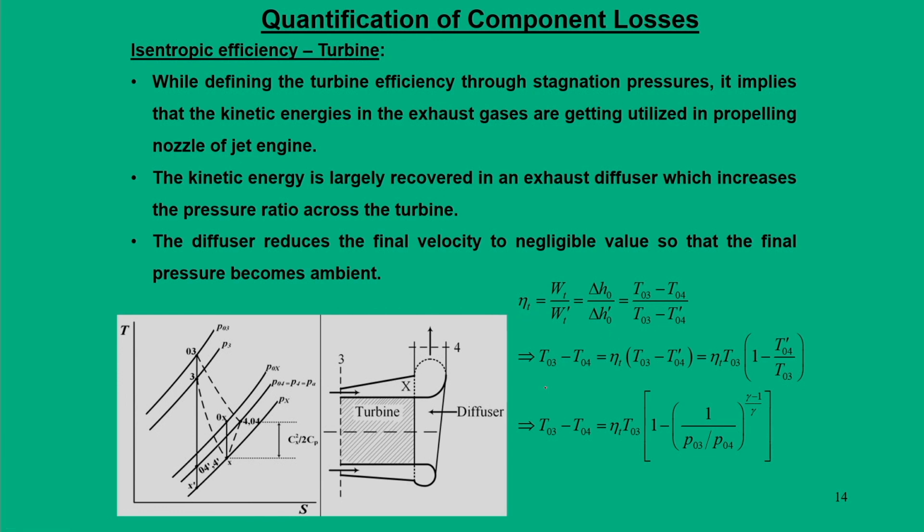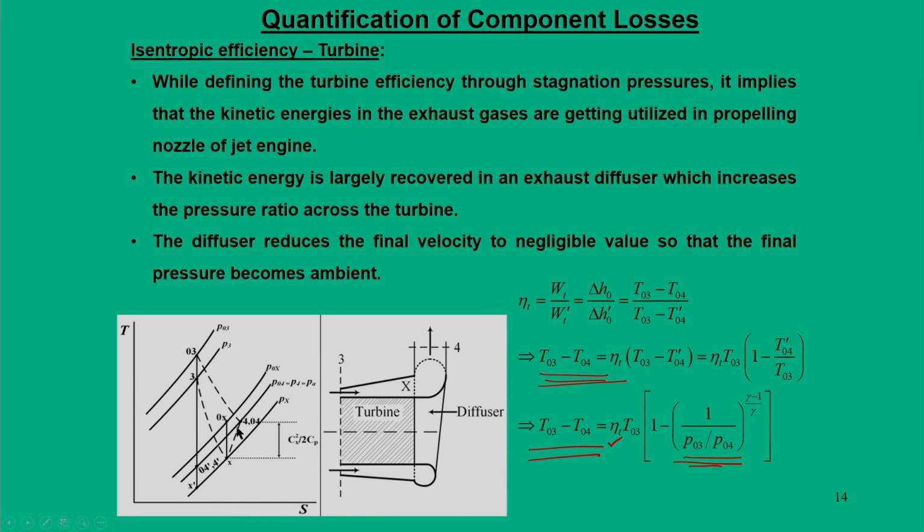Similarly, the total temperature difference across the turbine, T naught 3 minus T naught 4, can be expressed in terms of turbine efficiency and pressure ratio as well. So, in both ways, pressure and temperature are incorporated in the calculations. This is how we deal with isentropic efficiency for turbines.